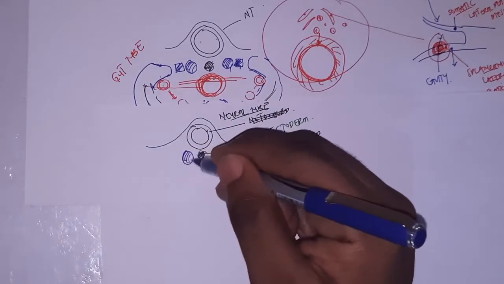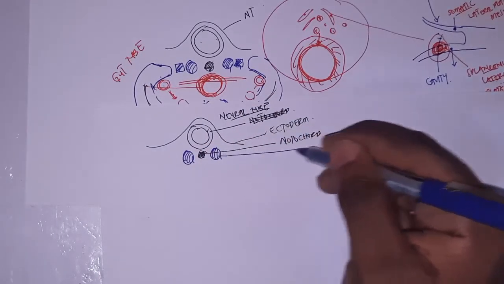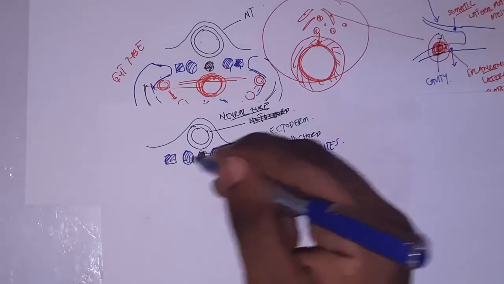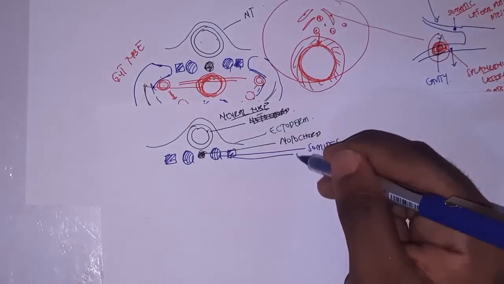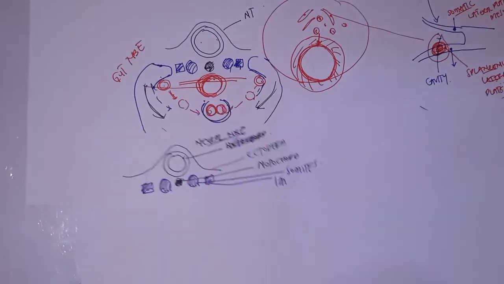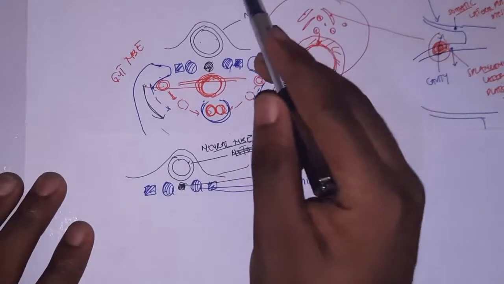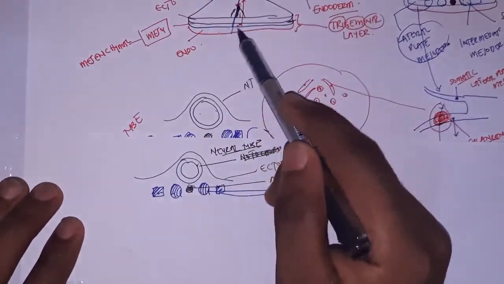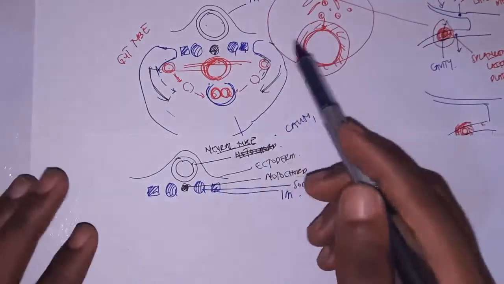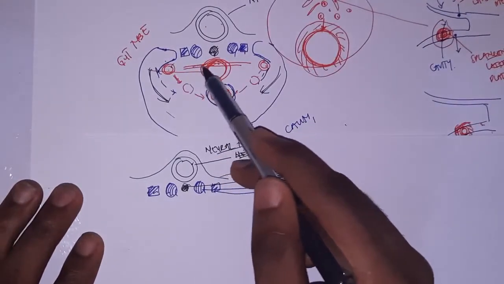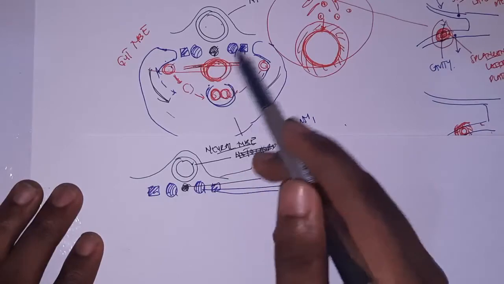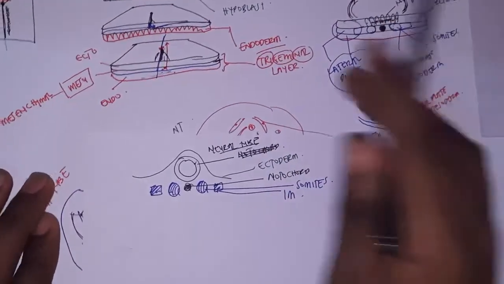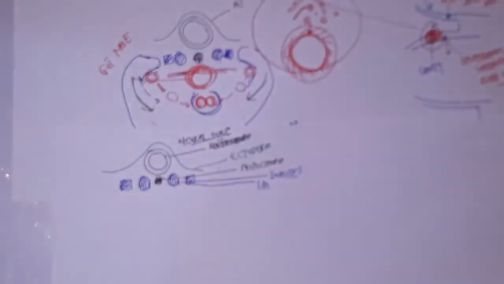You have the somites and the intermediate mesoderm. Now remember, this endodermal layer, due to the folding, has already folded.